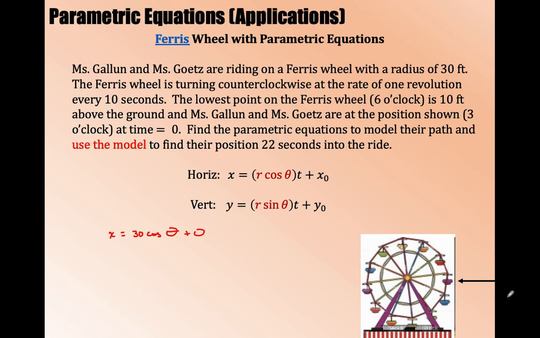At time equals 0, they told us that Ms. Gallen and I were here. So our horizontal position is 0, considering this a 0 position. But what about my vertical position? It is also the radius, 30, times the sine of the central angle. But what is my initial vertical position?